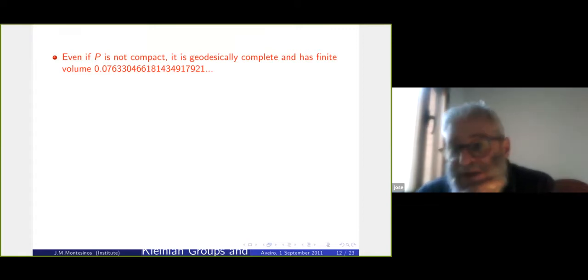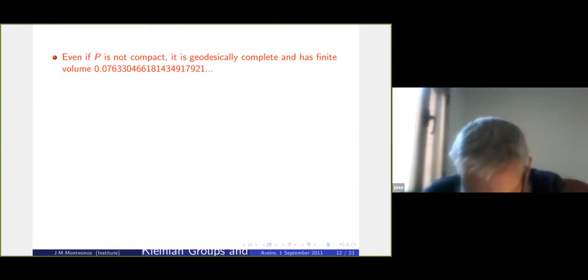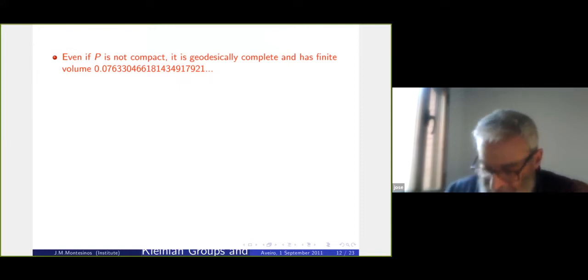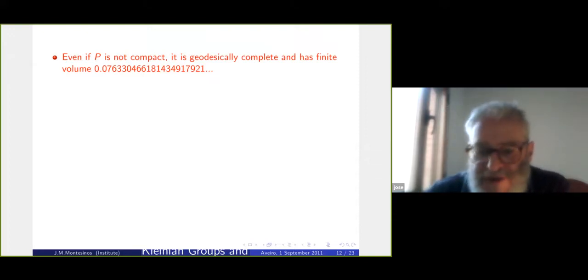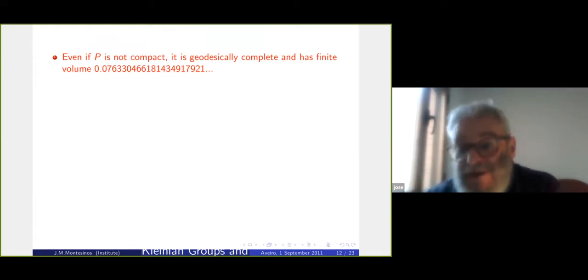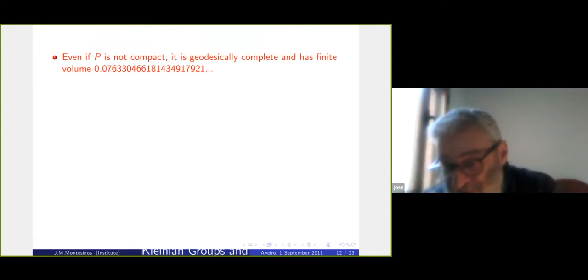Now, even if this tetrahedron is not compact, because it has a point at infinity, it is complete, in all senses of completion. In the Cauchy sense that all Cauchy sequences have a limit, and also in the sense of geodesically complete, because all geodesics can be extended infinitely, because the end of the geodesic is at that point at infinity.